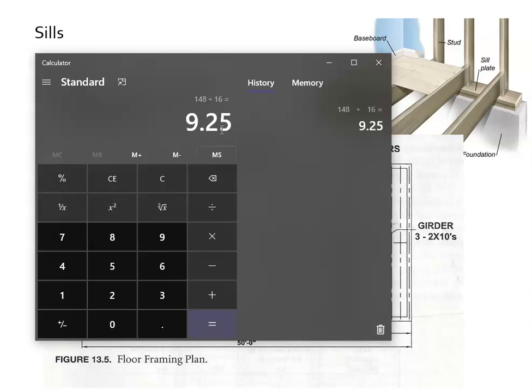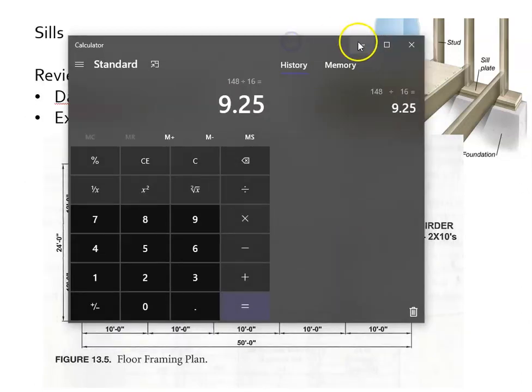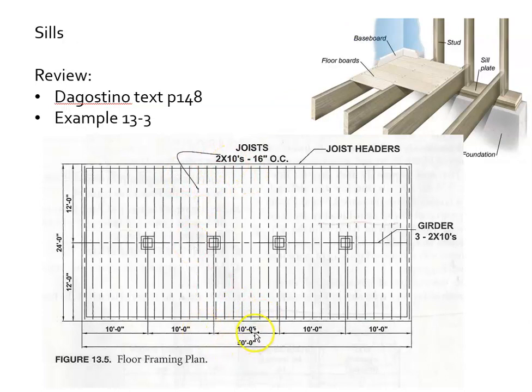You could get so specific that you have no waste, but some waste makes sense. You don't want to get it so accurate that there's no leeway in it.